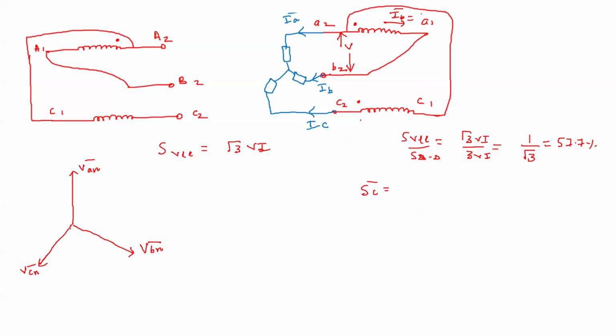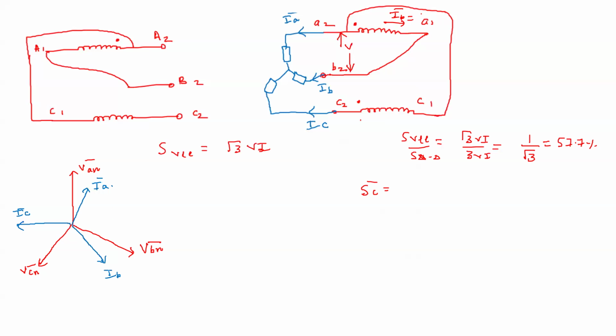So let me first draw the phasor diagram, then you will understand what I'm talking about. This is IA. This is IB. This is IC. Now in these two windings, we want to write down the power consumed.